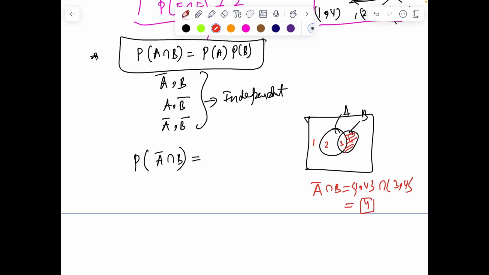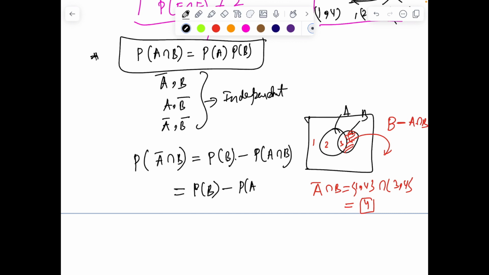And what is this region 4? This region is nothing but B minus A intersection B. So it's the probability of B minus the probability of A intersection B. Now what is P of A intersection B? By definition of independence it is P(A) into P(B).